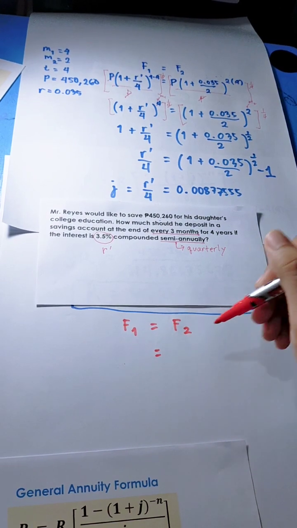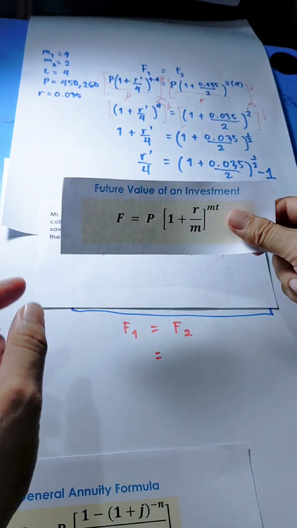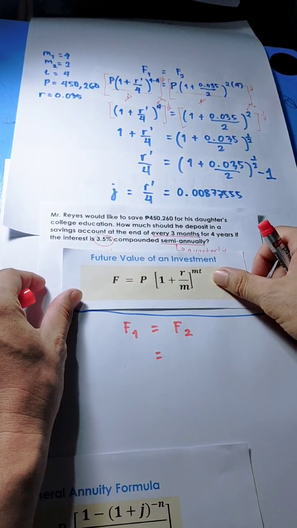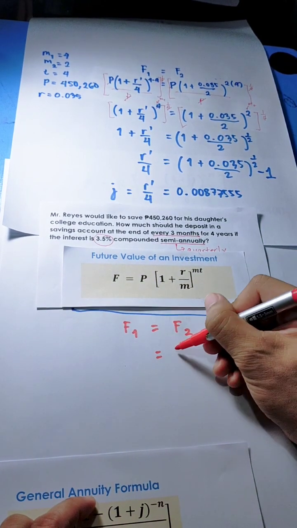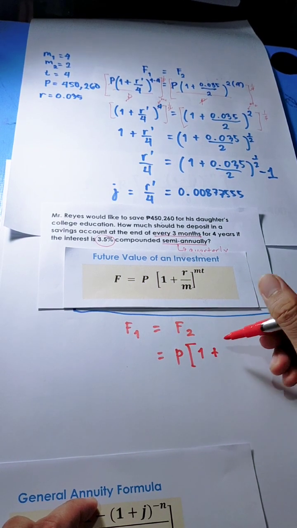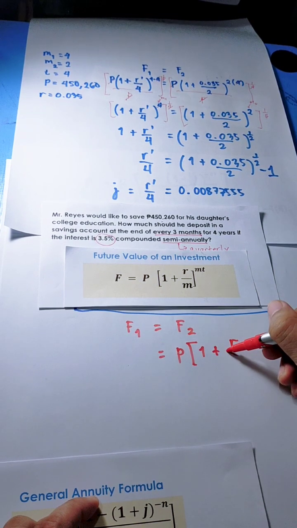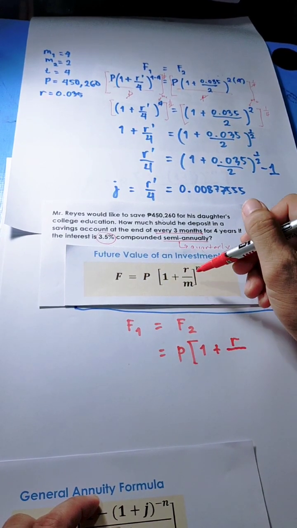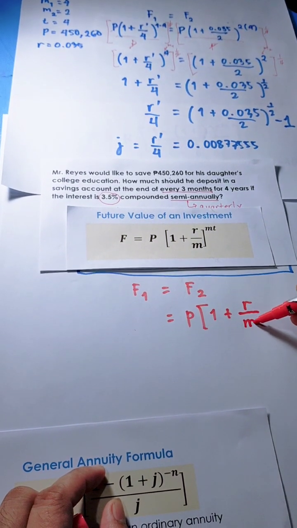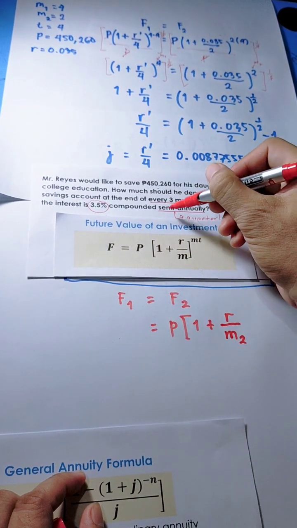Now let's write down the formula using the future investment, or the compounded interest formula. So we have the present value times 1 plus R. Our R is the given interest rate, the original. And then we're using the M2 for the original compounding period, that is the semi-annually.